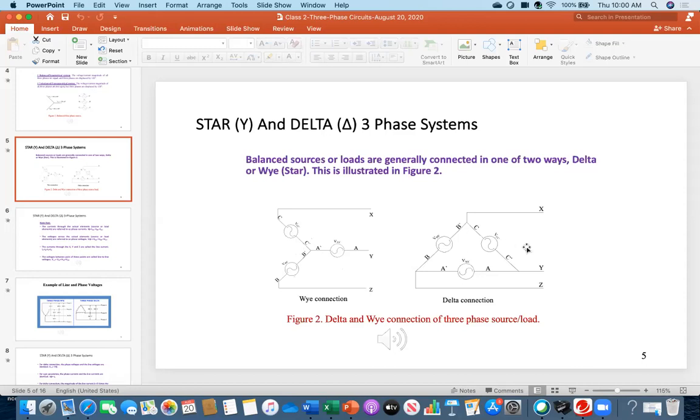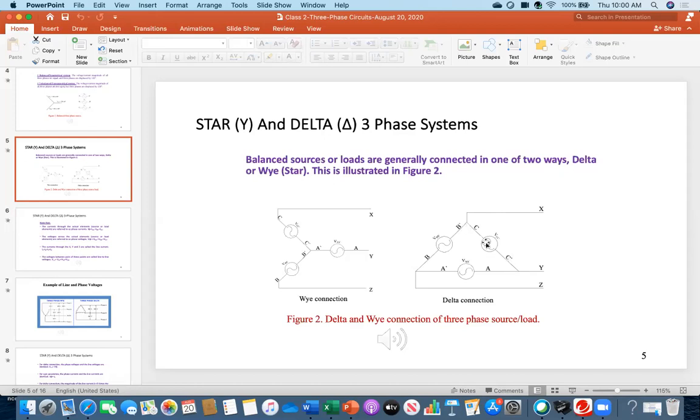But in this case, you see, these are the line currents, and these are the phase currents, because these are inside the coils. Clearly you can see this line current is not the same as this phase current, because here it is a combination.